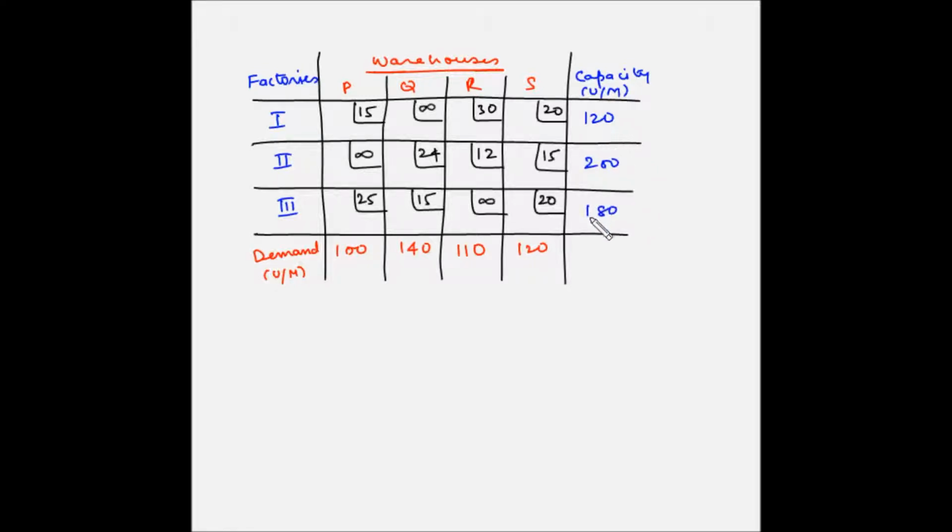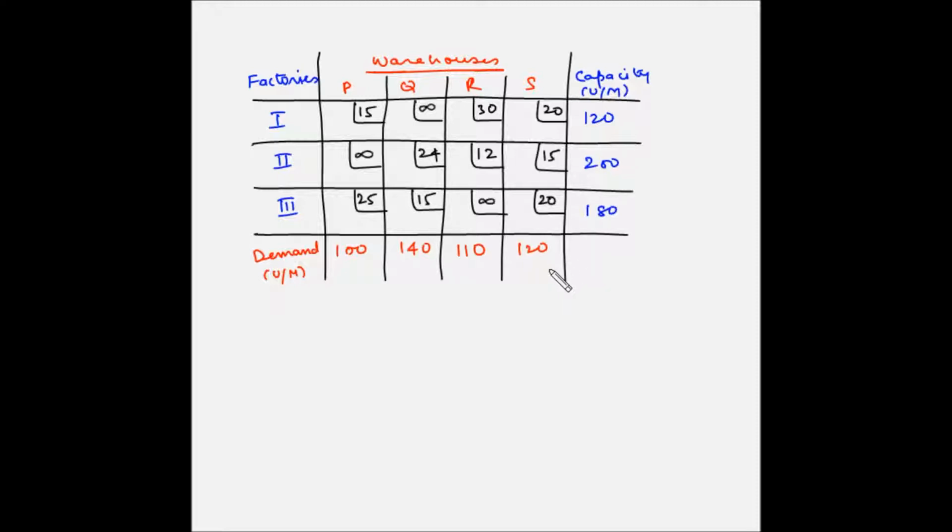So 120 plus 180 is 300 plus 200 is 500. Now let's add up the demand. So 100 plus 140 is 240 plus 110 is 350 plus 120 is 470. So the total supply is 500 while the total demand is 470.